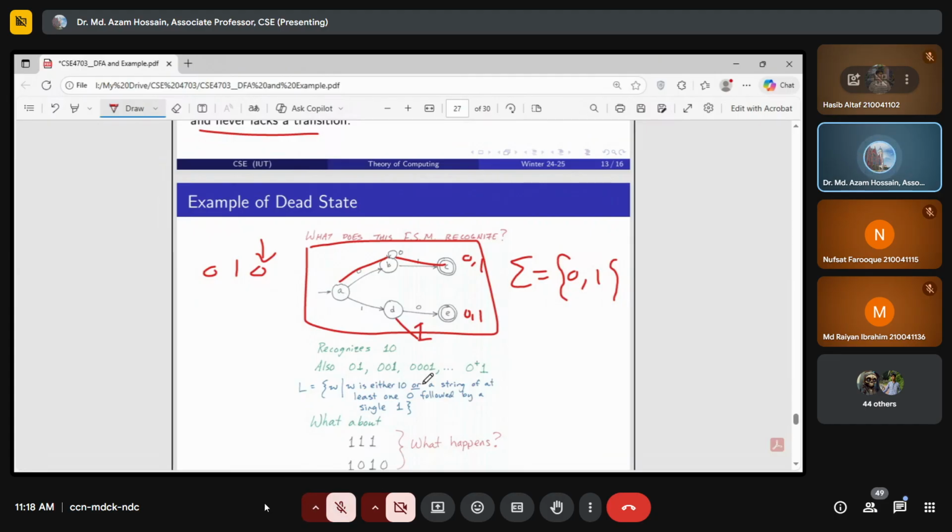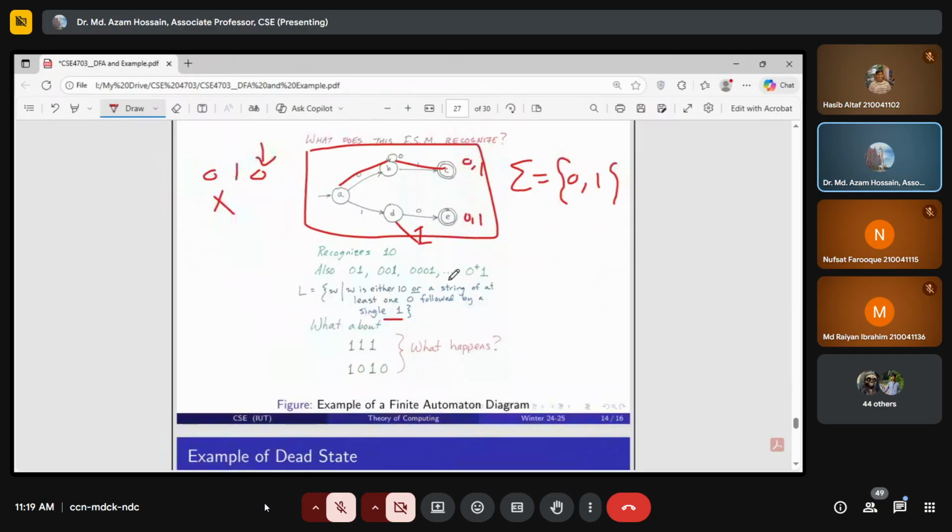Actually, this language has at least one 0 followed by 1. After that, there is no 0, no 1. So this string doesn't belong to this machine. If after C we get some other symbol which is not part of the machine, then that state goes to what is known as a dead state.